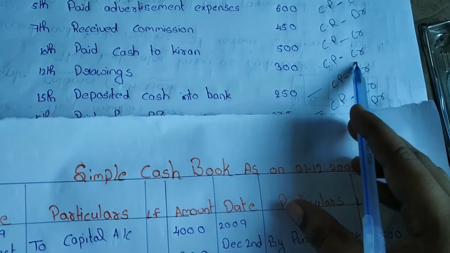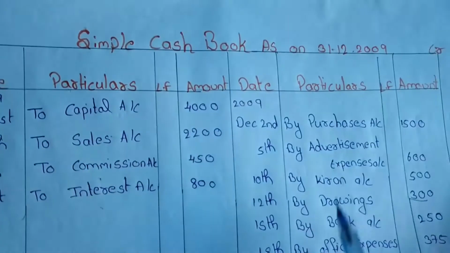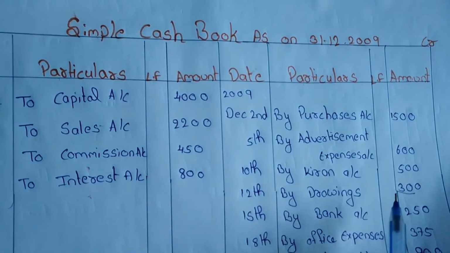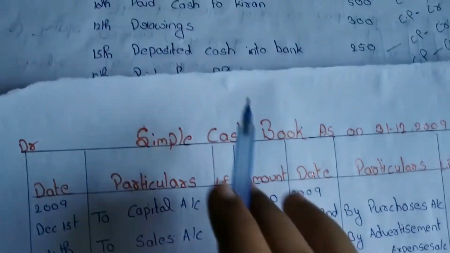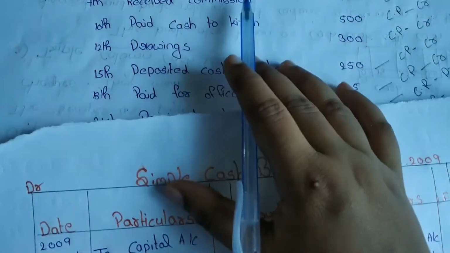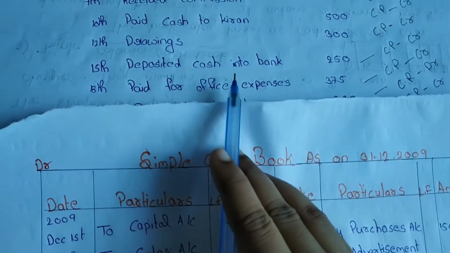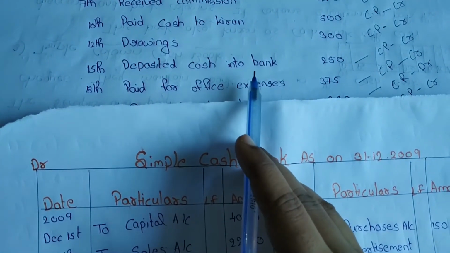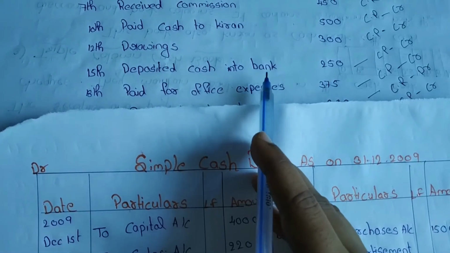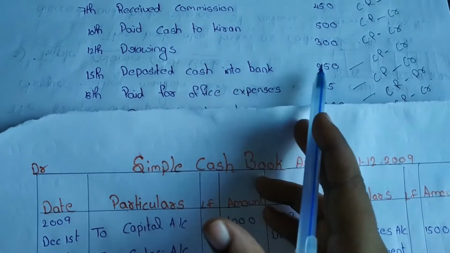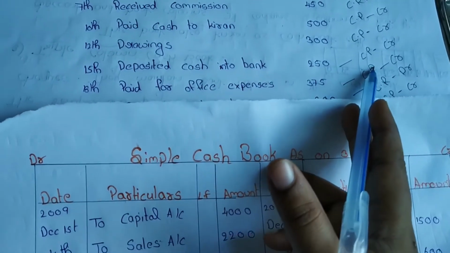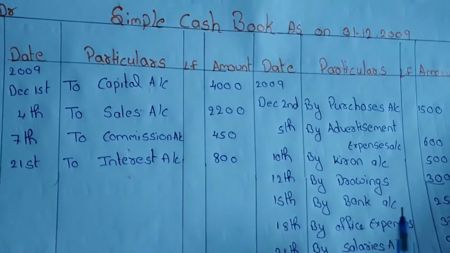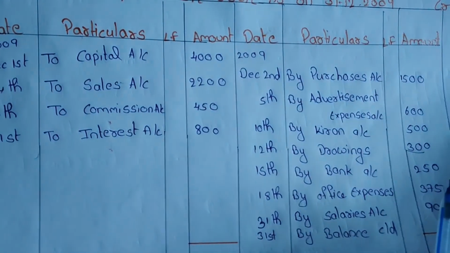It should be recorded on the credit side, so on 12th, by drawings account 300 rupees. Next, 15th, deposit cash into bank. We deposited cash into the bank. It was a payment and the bank received cash, so bank account 250 rupees on the credit side. So on 15th, by bank account 250 rupees.